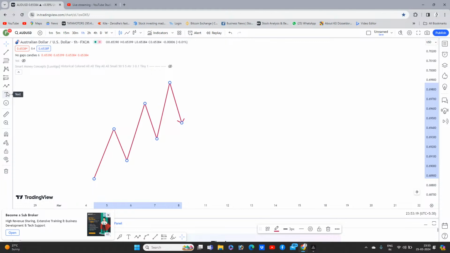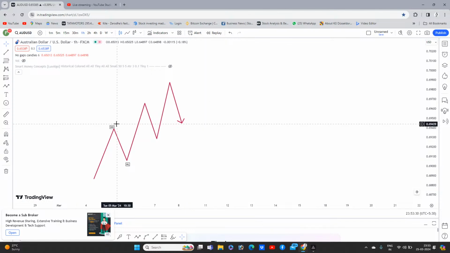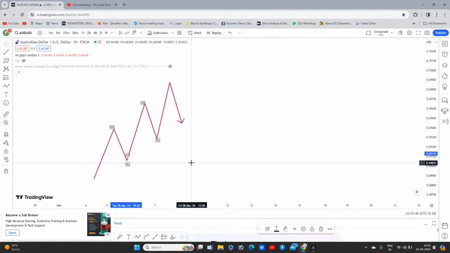If I am not wrong, you have also studied this: this is our higher high and this is our higher low. First of all, let me mark the structure.